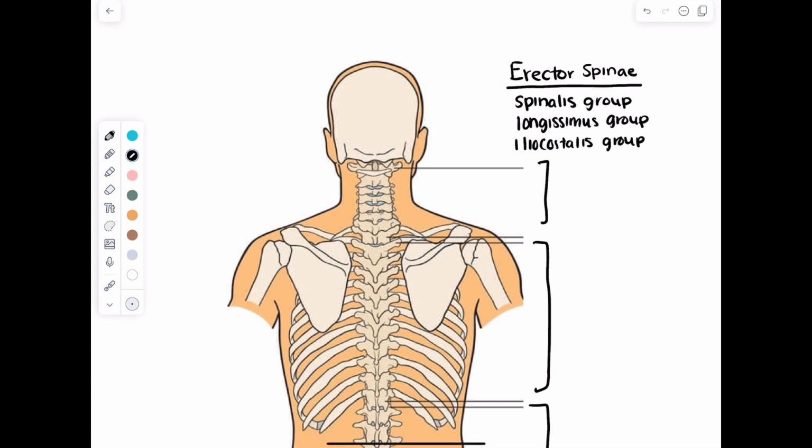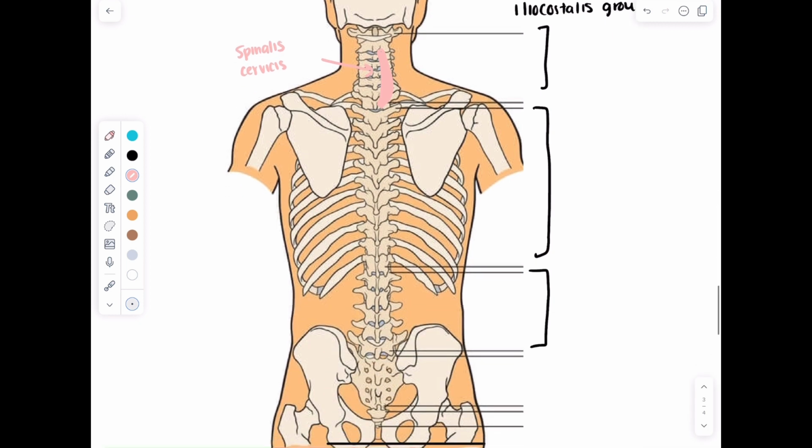So let's look at them a little bit. Starting with spinalis, I'll do it in pink here. Spinalis cervicis is going to be right here, so that is the spinalis cervicis muscle in the cervical spine.